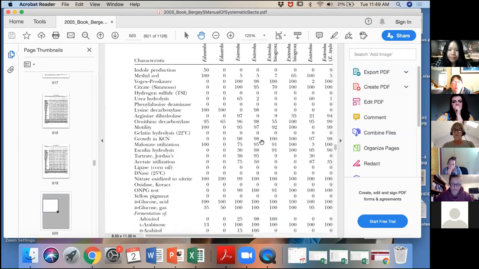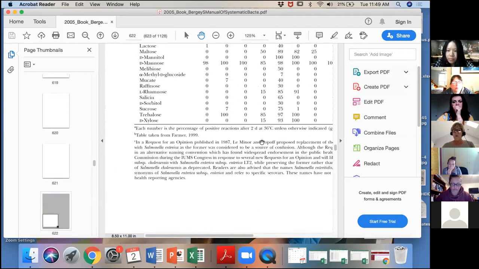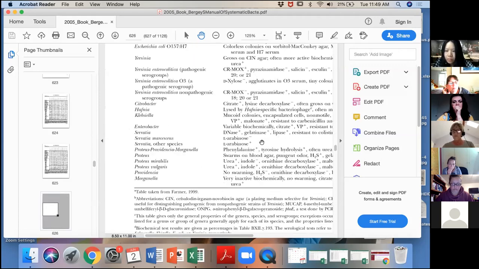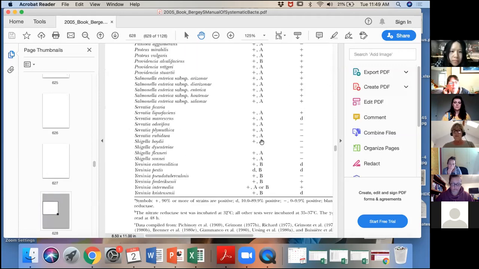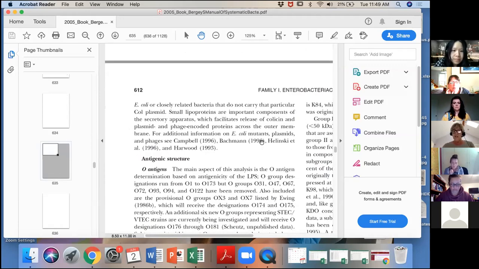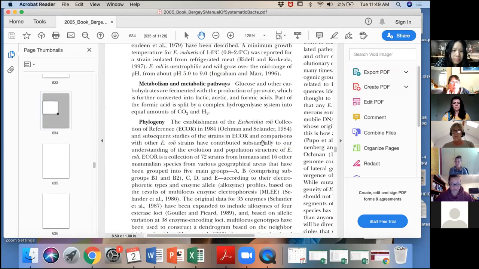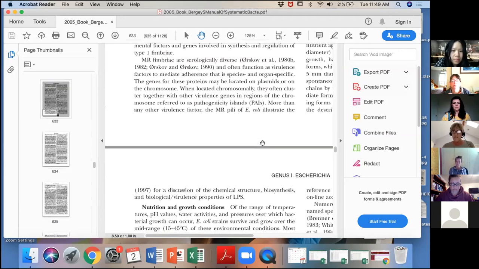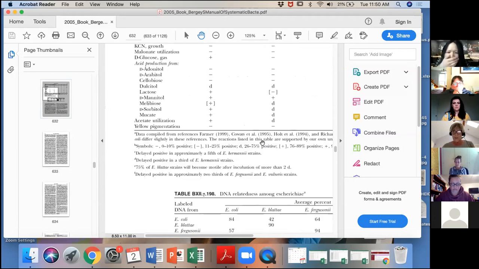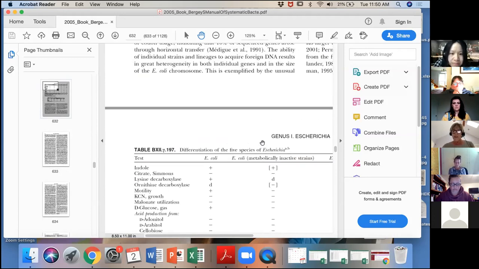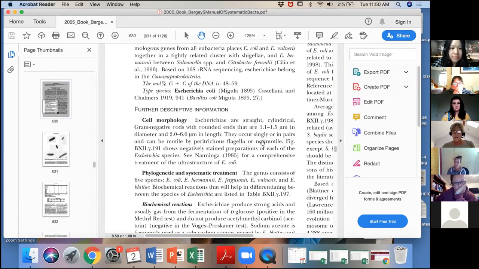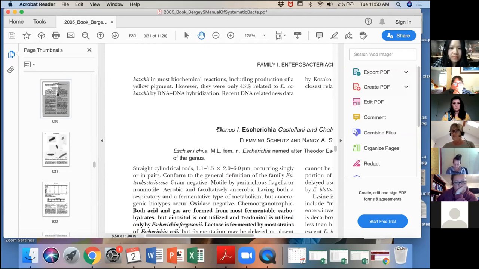It gives you all these charts, and you're going to find, I think, at least 4 of them on those charts. But the other thing you can do then is come down and start at the genus level. I think the first genus that they talk about is E. coli. And so right here is the beginning of the genus.